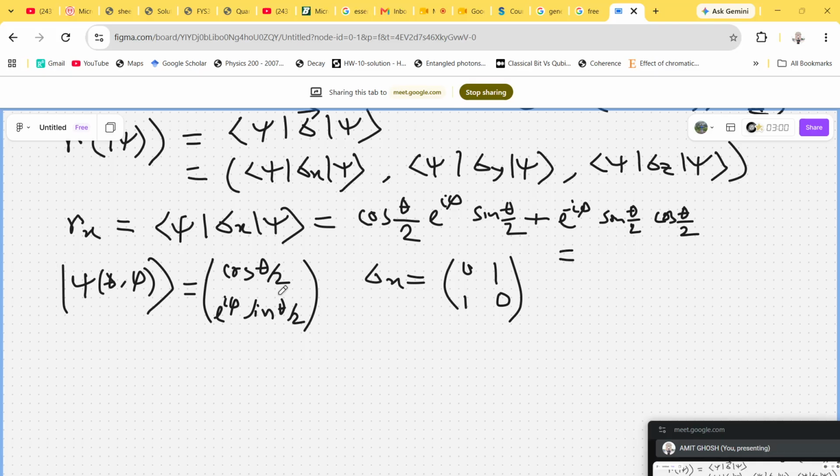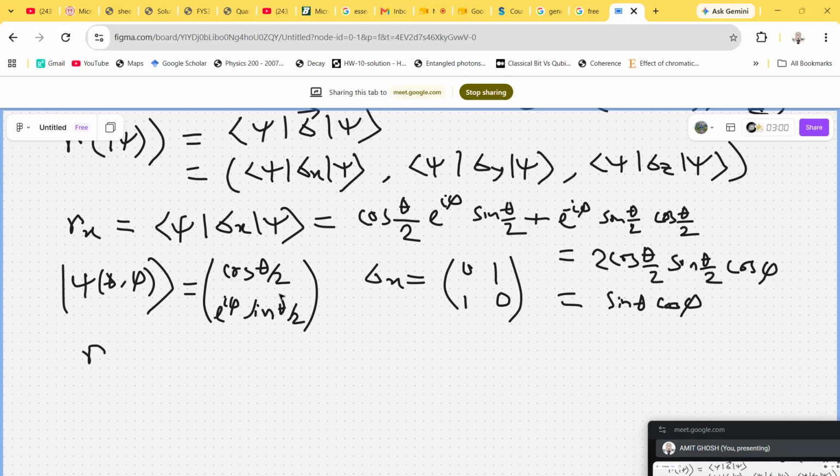So this is coming out to be 2 cos(theta/2) sin(theta/2) cos phi, which equals sin theta cos phi.